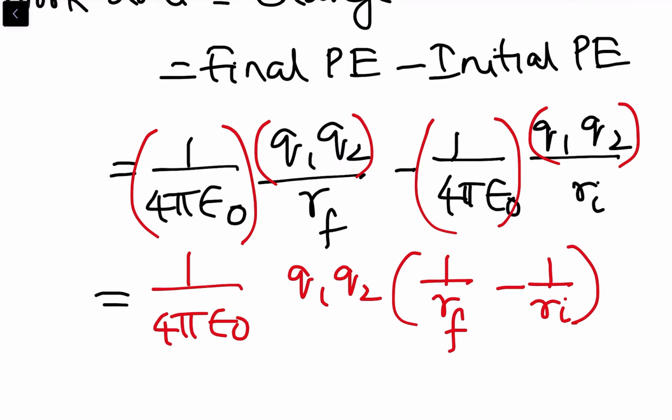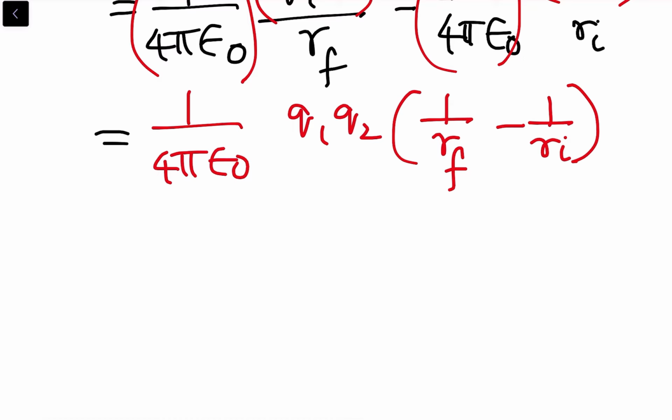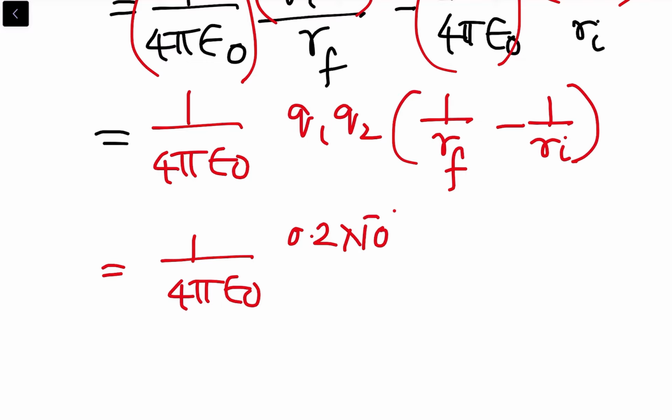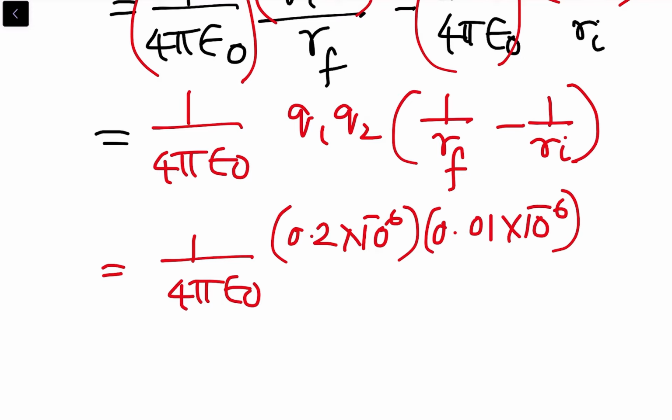Substituting all the values, we get 1 by 4 pi epsilon naught, then q1, which is 0.2 into 10 to the power of minus 6, and q2, which is 0.01 into 10 to the power of minus 6.